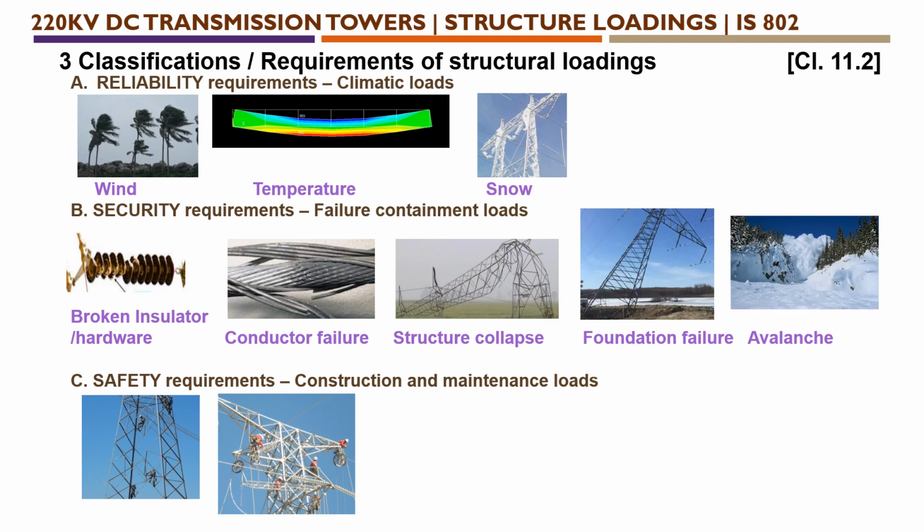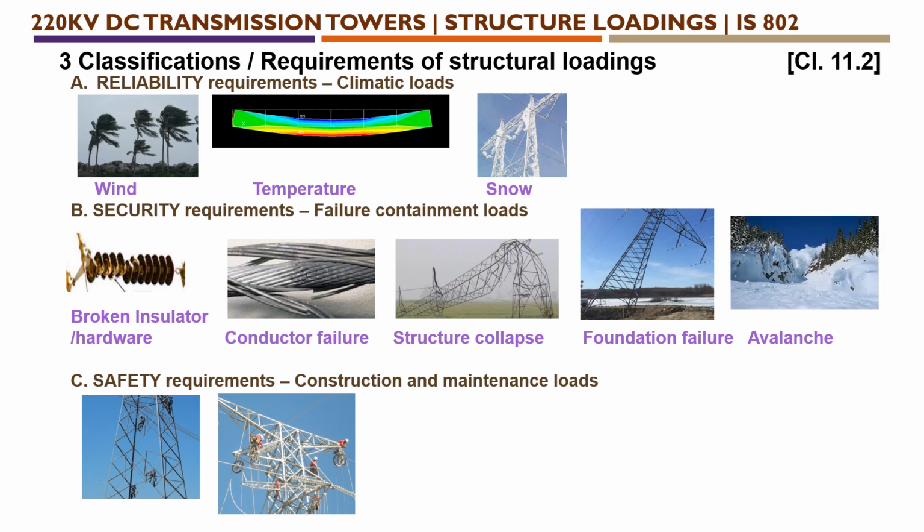The conductor may also fail due to overload of the conductor tension or poor material quality. The structure may also collapse due to poor material quality in bracing or any members in the overall structural frame.